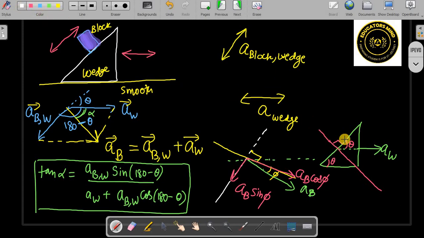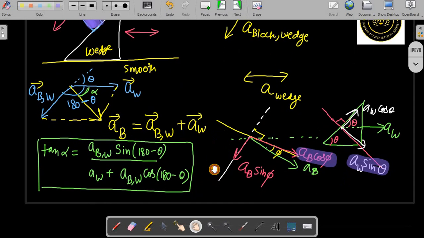So you can resolve this in this direction, which will become acceleration of wedge cos theta, and this will become acceleration of wedge sin theta. Here this is the important point to note. The acceleration of the wedge along the normal and the acceleration of the block along the normal must be the same.